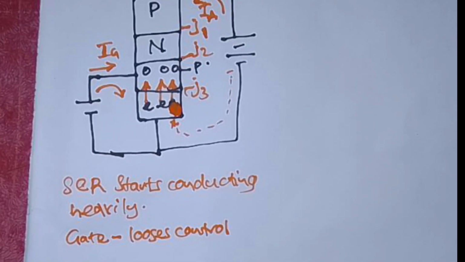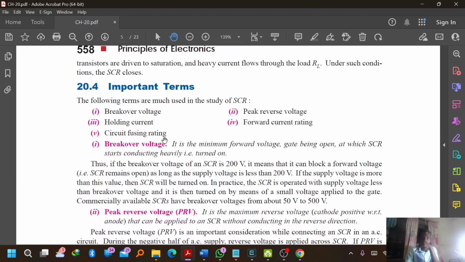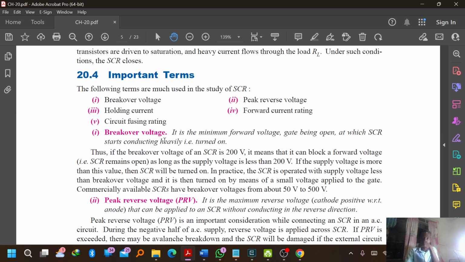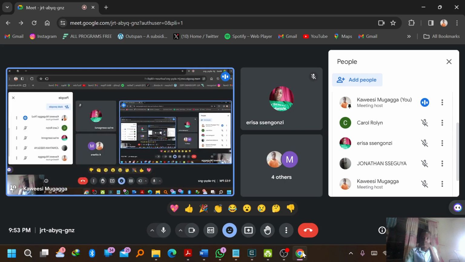Anyway, so to continue with this, there are some important terms in this section.